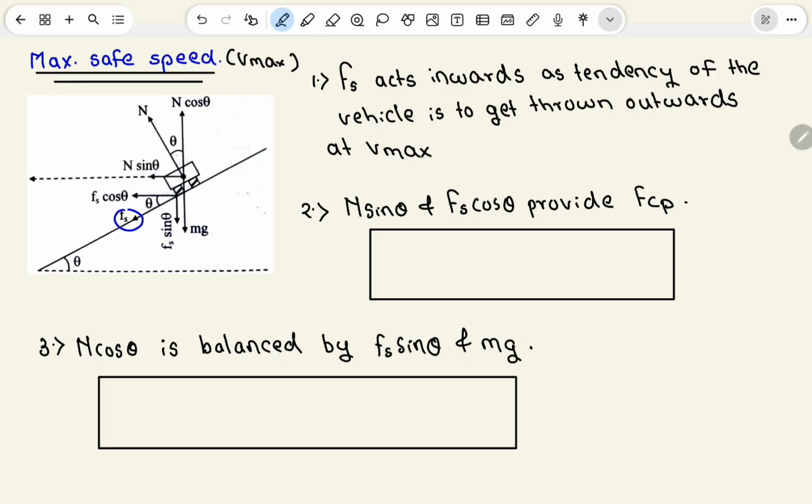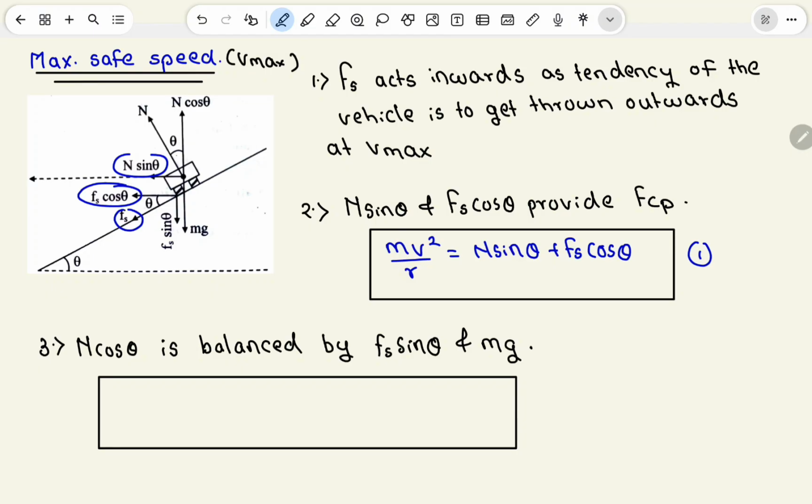Now, as we can see from the diagram, a combination of N sine theta and positive Fs cos theta provides the necessary centripetal force as they are acting towards the center. So we can write down mv square by r is equal to N sine theta plus Fs cos theta. So this is the first equation that we have.